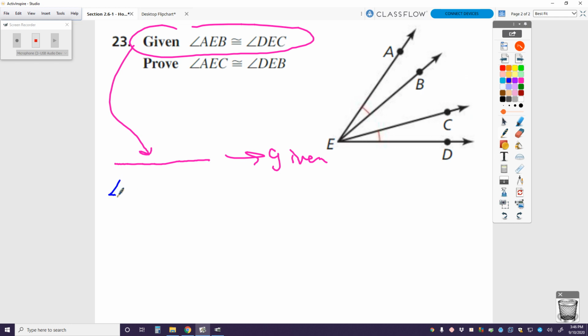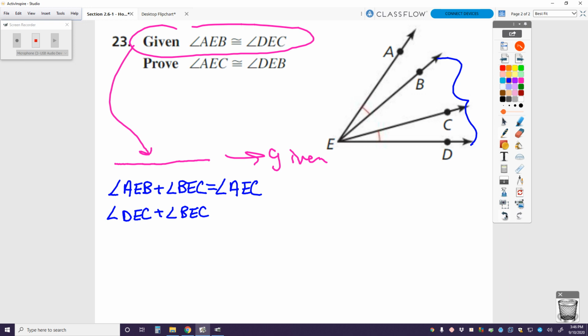So angle AEB plus angle BEC, that angle in the middle, adds up to big angle AEC. And I'm going to knock out the other angle addition postulate at the same time: angle DEC plus that same middle angle, angle BEC. These two angles combined equal angle DEB.